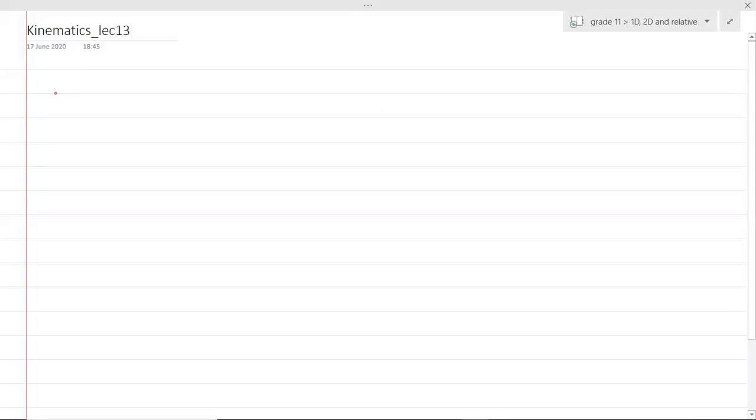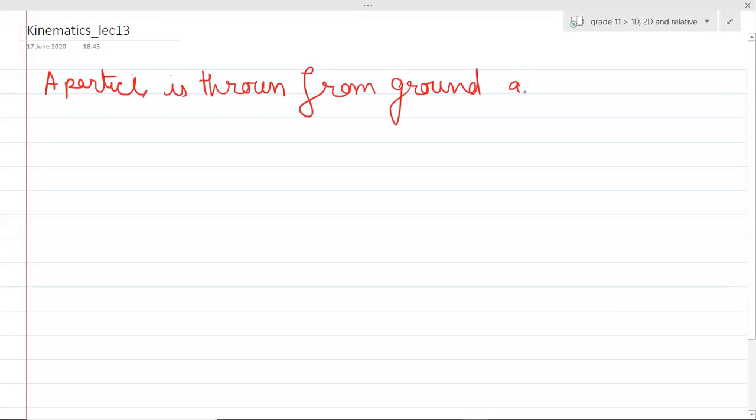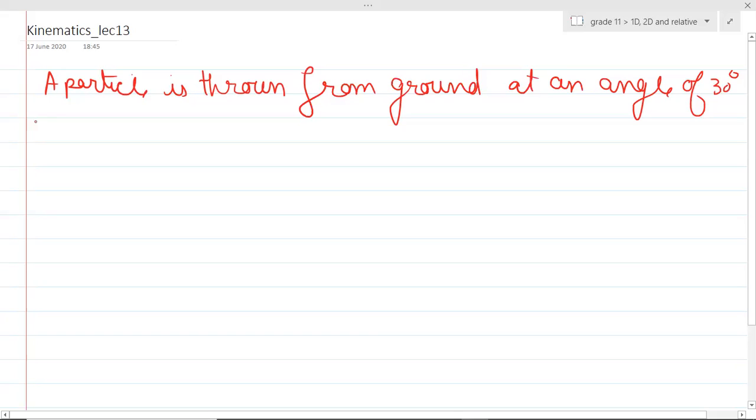Anyways, so the question is, suppose a particle is thrown from the ground at an angle of 30 degrees from the horizontal at 40 meters per second.